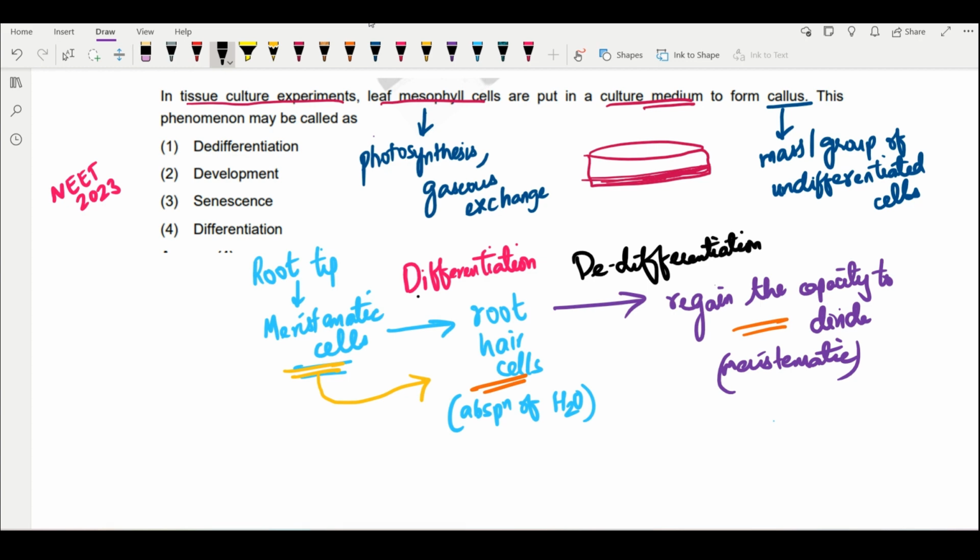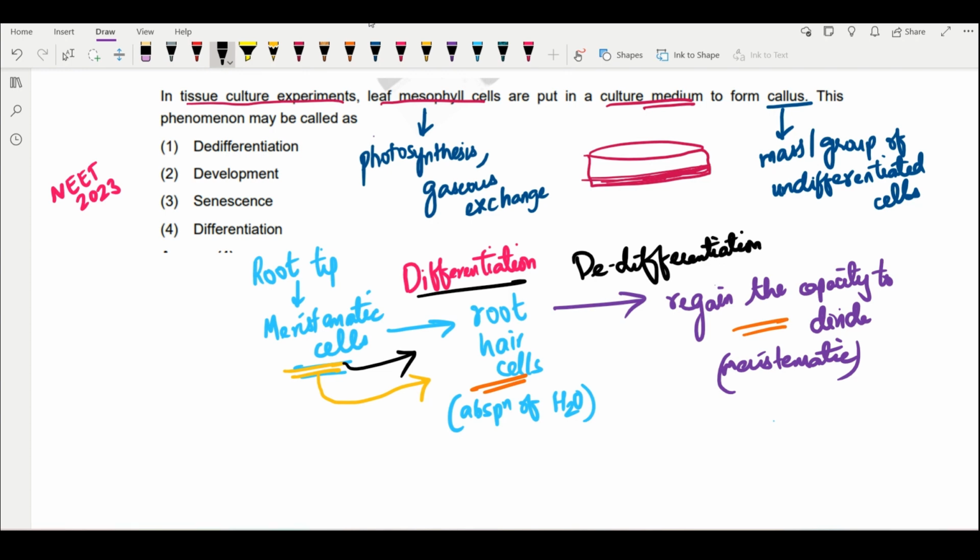So differentiation is a process where meristematic cells lose the ability to divide to get specialized to perform a specific function, while de-differentiation is a process where differentiated cells regain their capacity to divide and are not specialized to perform any specific function.